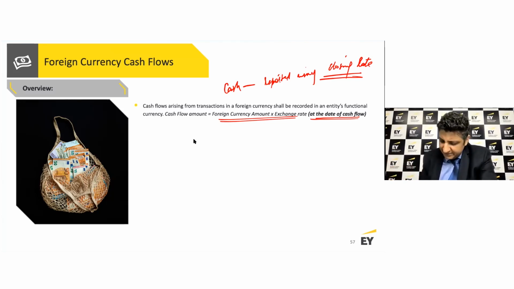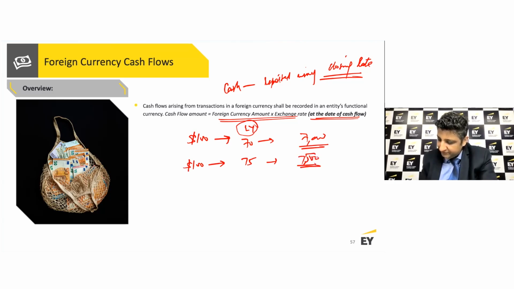Think about it like this. Let's say I have $100 with me, money lying in a bank account. In the previous year I used an exchange rate of 70 rupees, which makes it 7,000 rupees. But now the same $100 is worth 7,500.